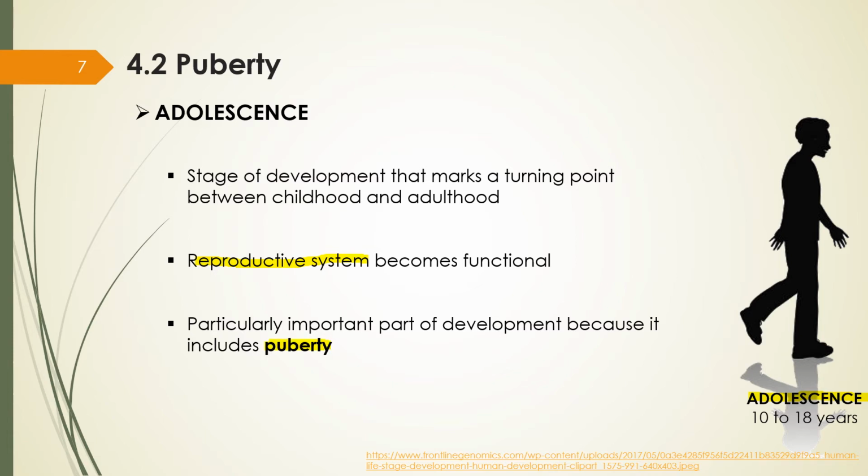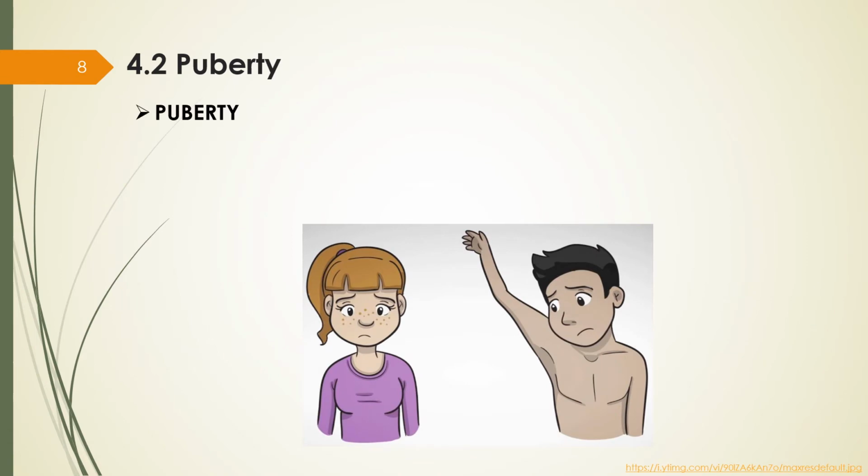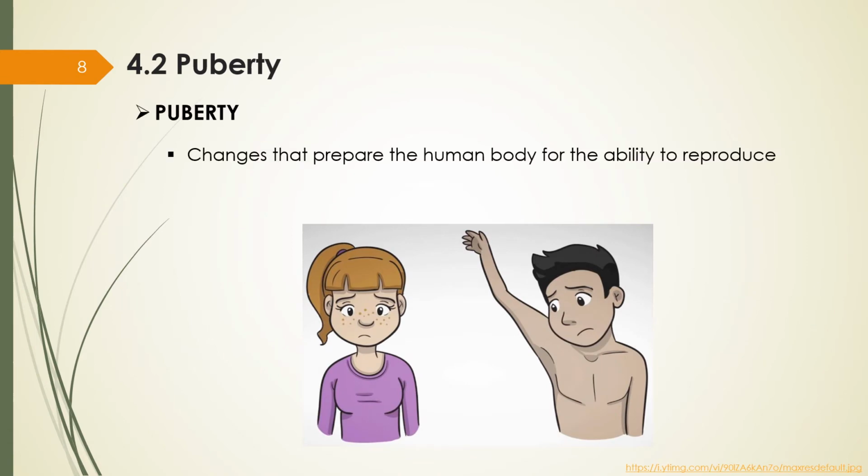Okay, so we're gonna talk about puberty in the following slides. So puberty happens during adolescence. Okay, and what's puberty? So puberty is the change that prepares the human body for the ability to reproduce. Okay, so puberty is really important to prepare your body to reproduce.